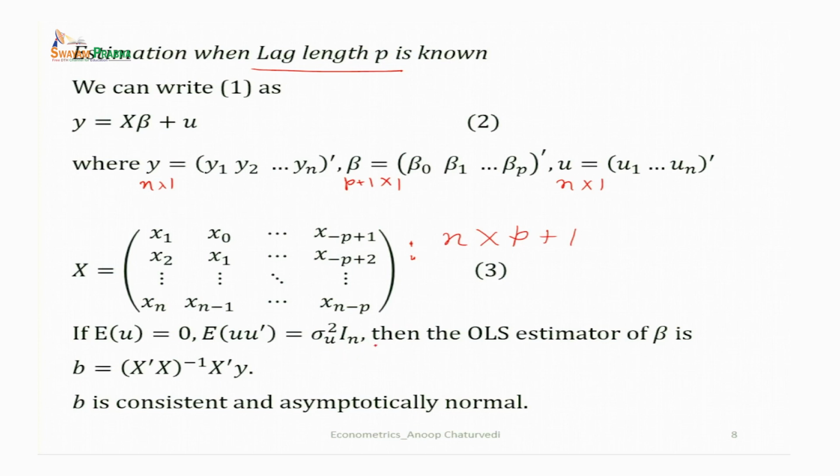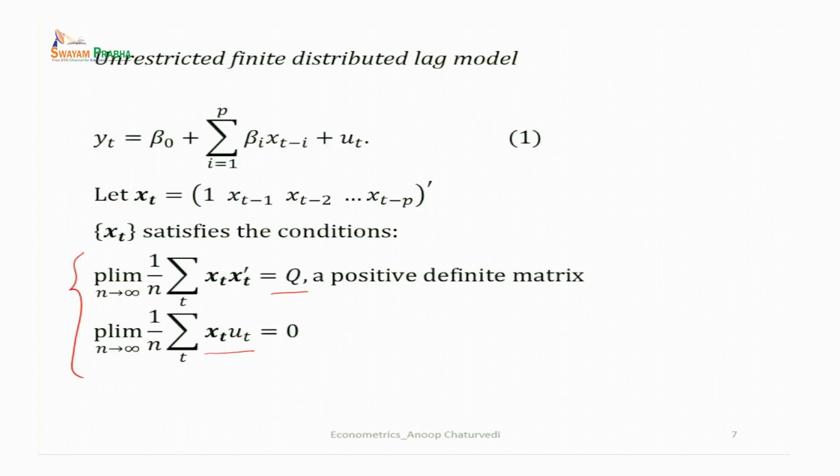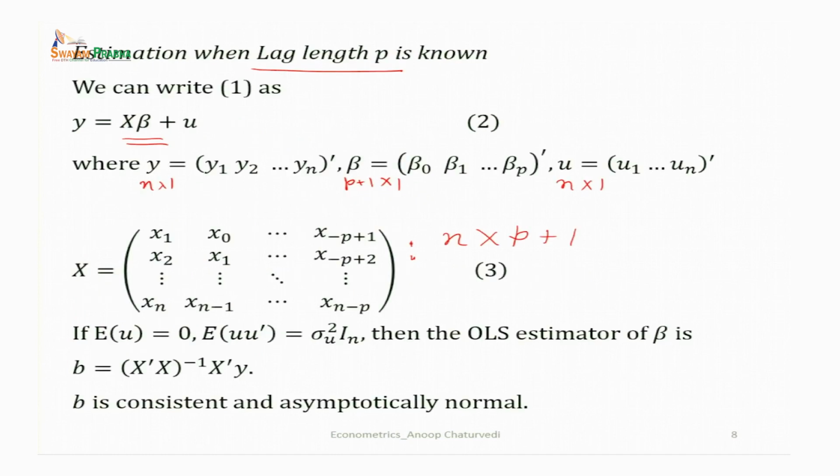Then you can easily find the OLS estimator of beta. You simply apply the OLS procedure. So, the OLS estimator is B = (X transpose X) inverse X transpose y. And then obviously, B is consistent and asymptotically normal. Under these two conditions, B is consistent as well as asymptotically normal.